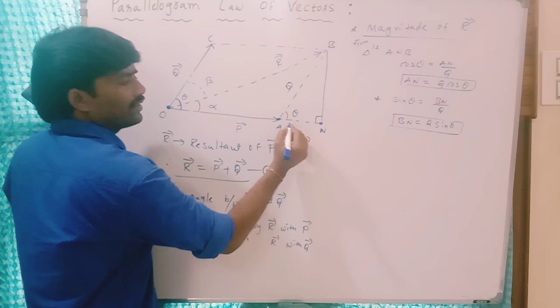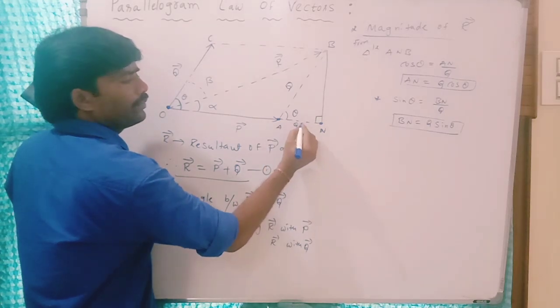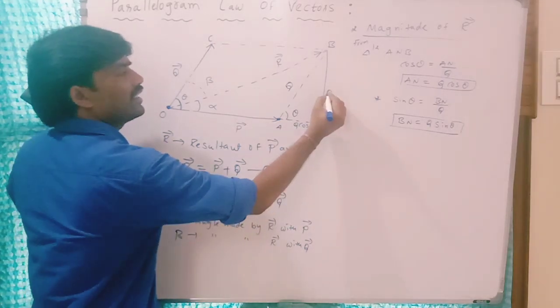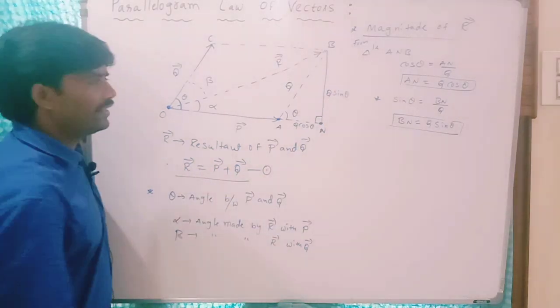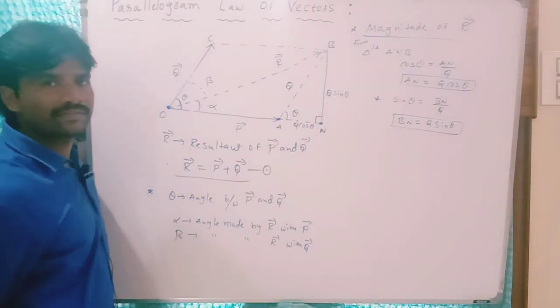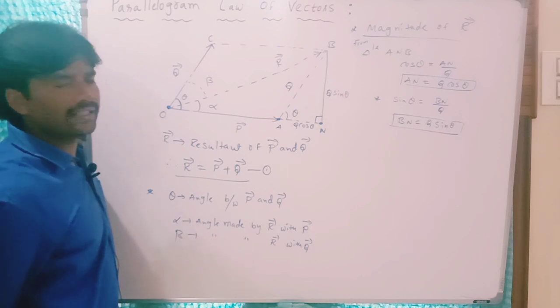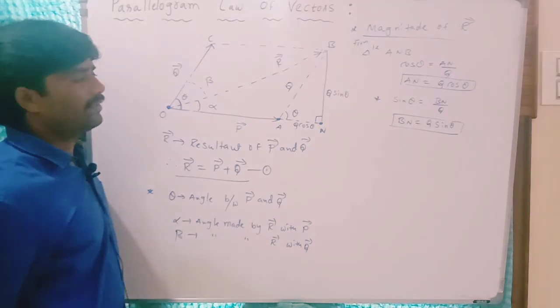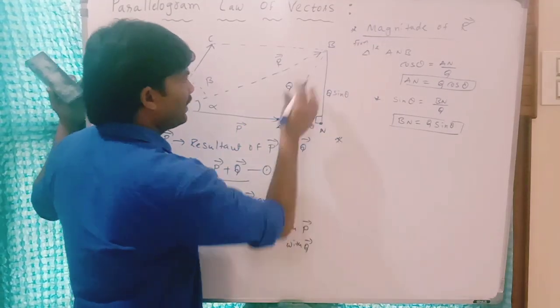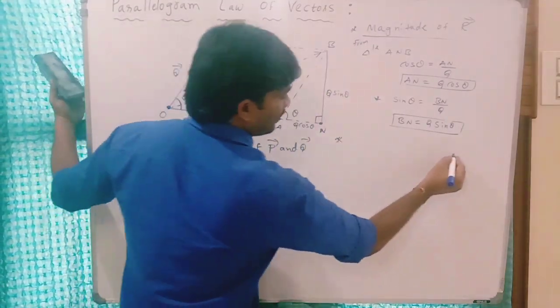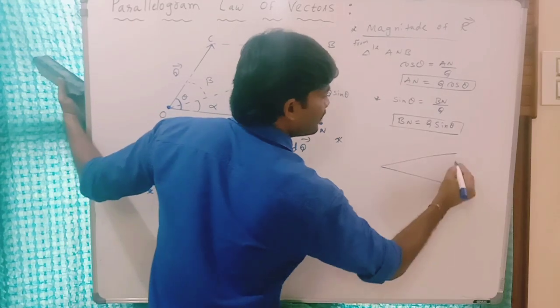Now we got AN equal to Q cos theta, and this side is Q sin theta. So we have written these two sides in terms of angle theta. Clear? Now for the magnitude, again I will draw this right angle triangle here.